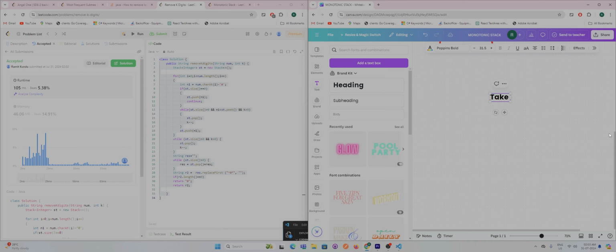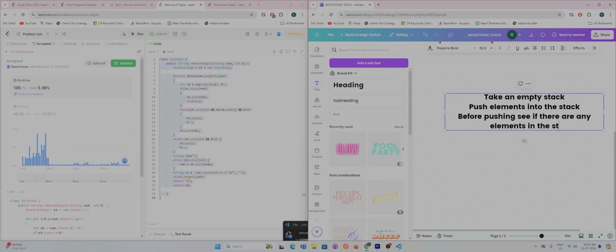Take an empty stack, right? Take an empty stack, and then push elements into the stack, right? I'm simply pushing all kinds of elements into the stack, right? Whenever, before pushing, see if there are any elements in the stack which are bigger than the current element, right?